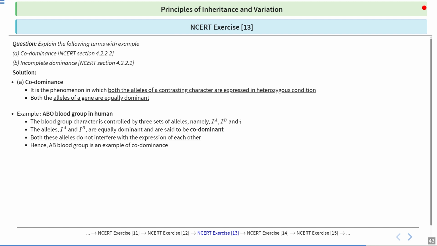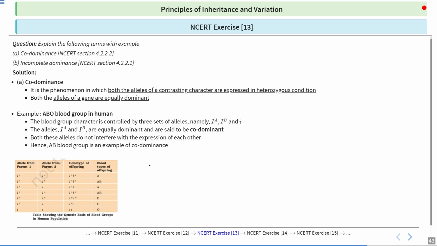So you can see there are differences in the RBCs of persons having different blood groups, basically in the sugars present on the plasma membrane. You can see this table. It shows the genetic basis of blood groups in the human population. The diploid organism acquires one allele from one parent and another allele from the other parent.